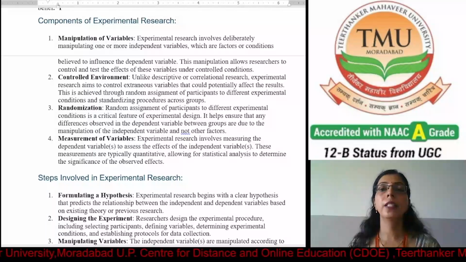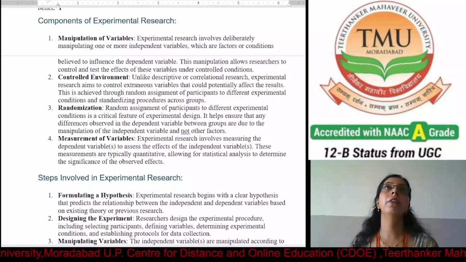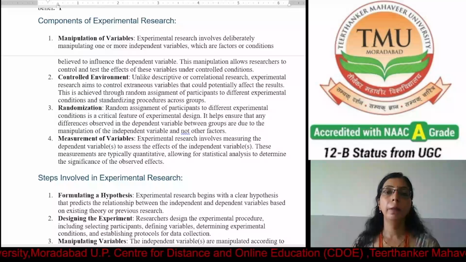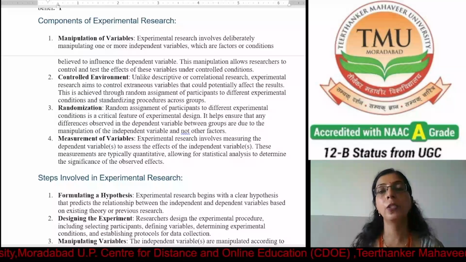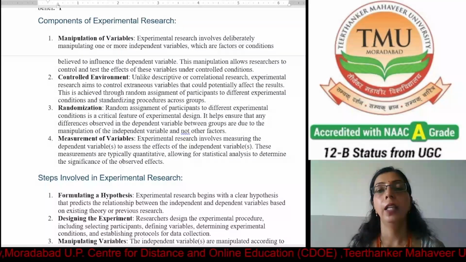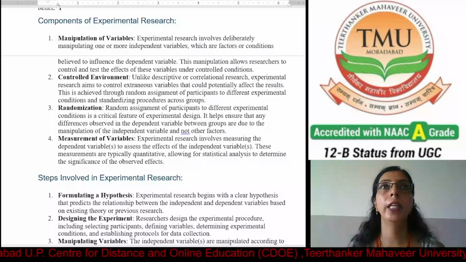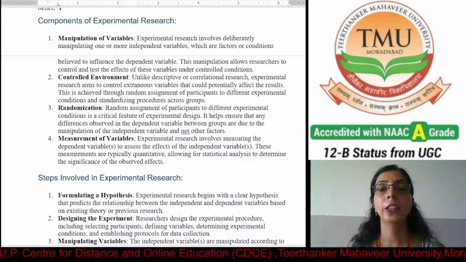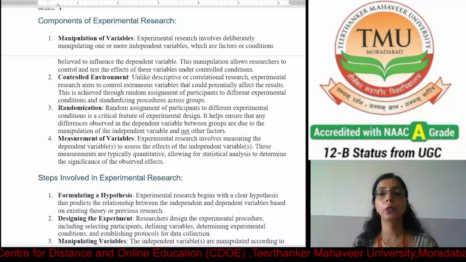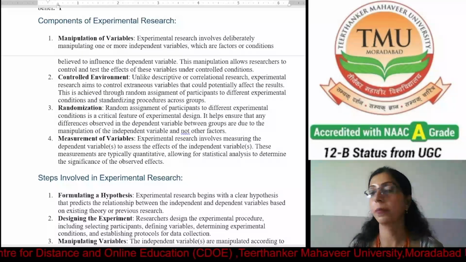So, we can say that the internal validity of experimental design depends on factors like history, maturation, testing, instrumentation, regression, selection, mortality, and interaction of selection and maturation.